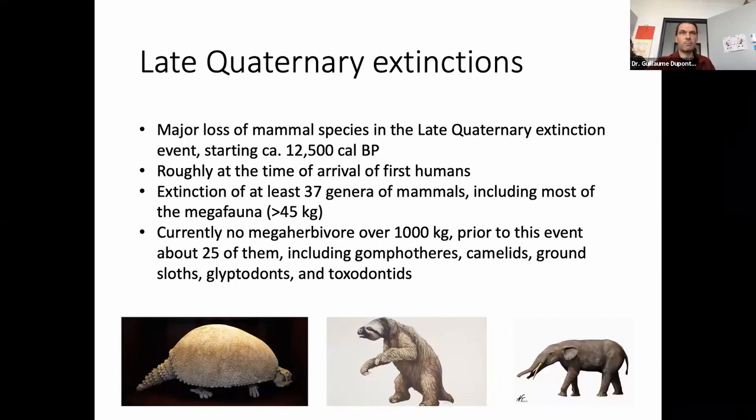So there was a lot of megafauna which is completely gone. Yeah, you see here Glyptodont, and here one of these ground sloths. So we don't find those anymore, but Simpson and the paleontologists who worked on the Great American Interchange worked also with these species because they originated in South America when it was isolated as a landmass.